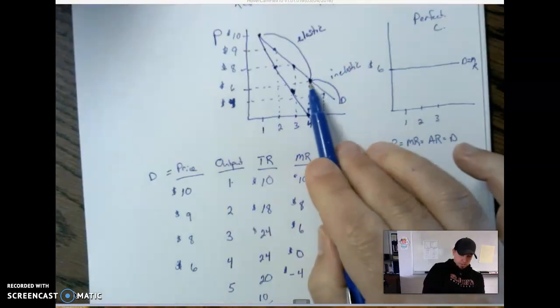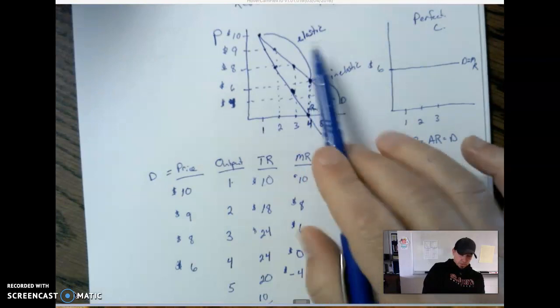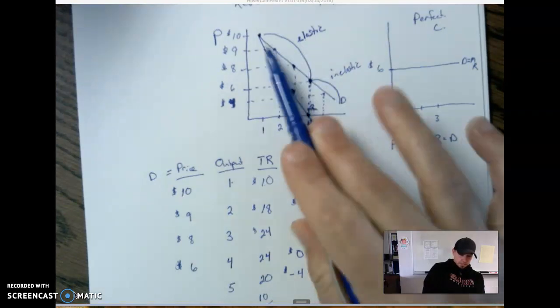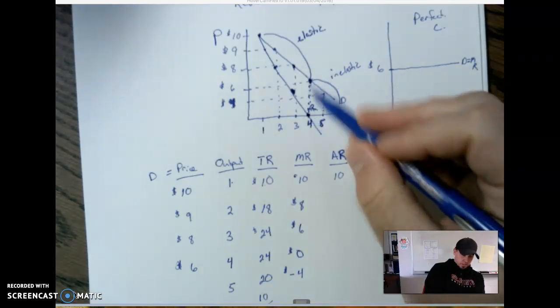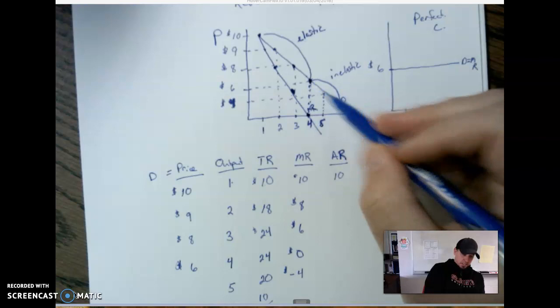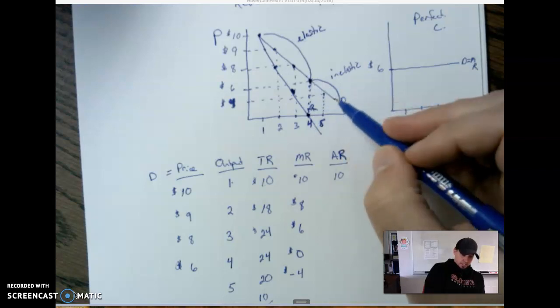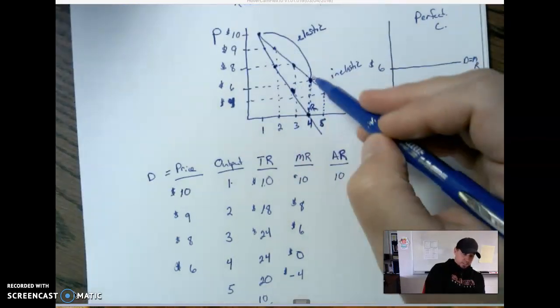Remember when it's unitary elastic? So we've got an elastic demand curve and an inelastic one. Where marginal revenue hits 0, that is the point that separates our demand curve between inelastic and elastic.